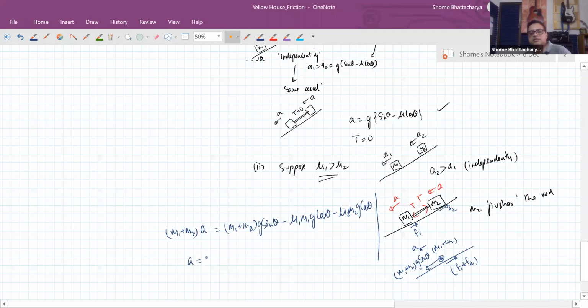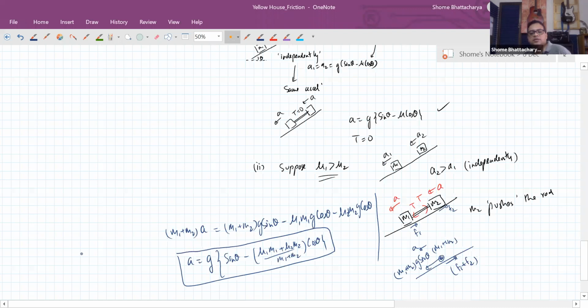So you would have got this acceleration like this, or you can take this common outside. Like this, we could have expressed the acceleration.